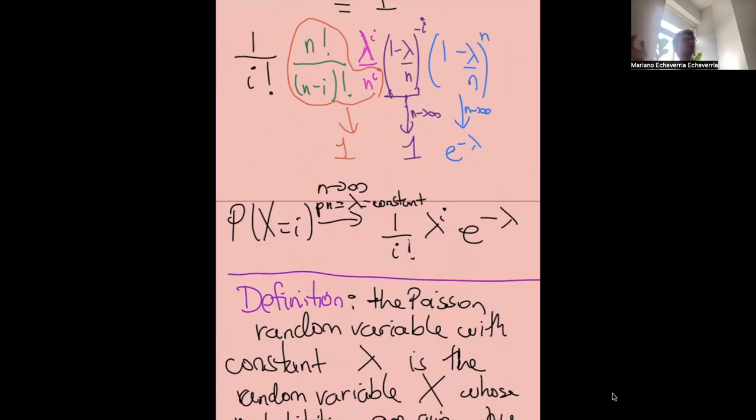And the other condition is that, when you take this limit, implicitly the probability is going to 0 in such a way that p times n is kept constant.